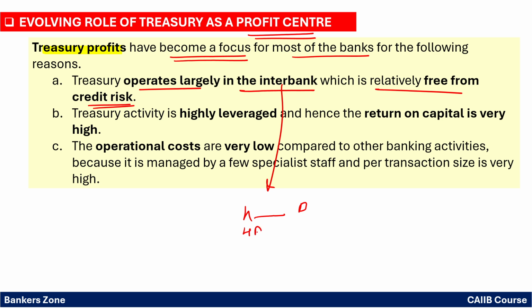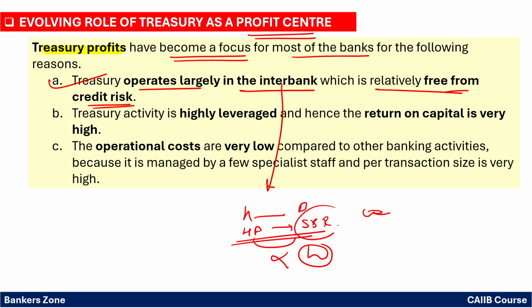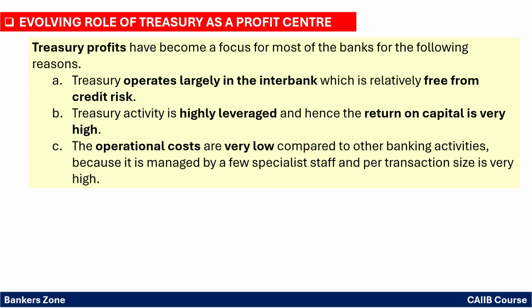For example, HDFC Bank is lending to the State Bank of India. Is there a risk involved? Almost zero risk, because obviously one bank is lending to another bank, so there is no capital requirement we have to make, right? So it is almost free from credit risk. Obviously SBI will return the money to HDFC Bank. They will not go into default, right? So that's why treasury operating in interbank deals is free from credit risk, so we can get more profit.